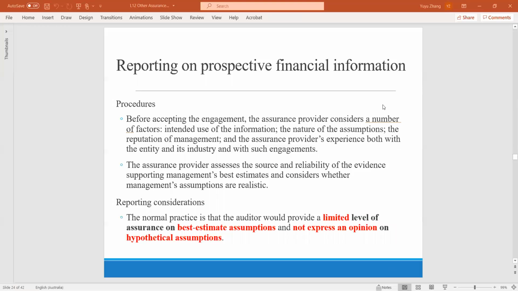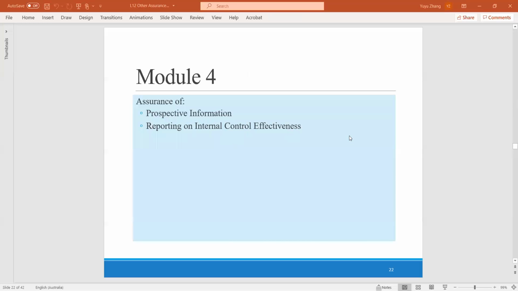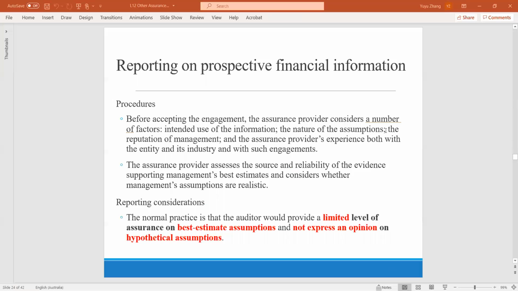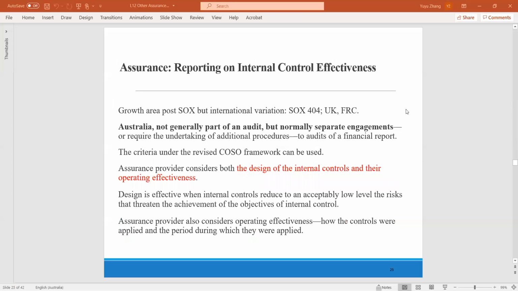The standards will usually be from ASAE 3400 or 3450. The other important type of assurance service is assurance over internal control effectiveness.